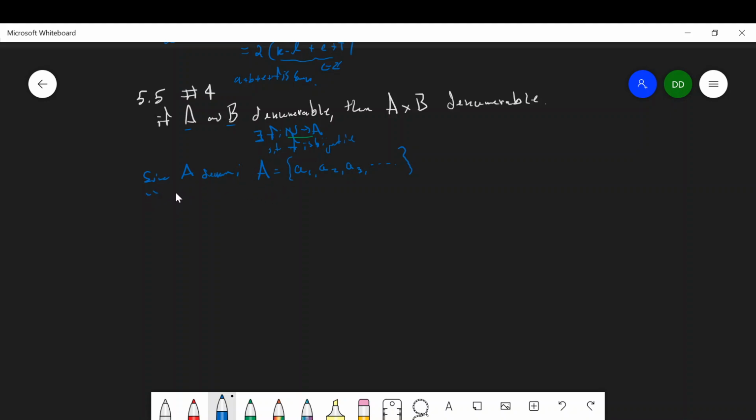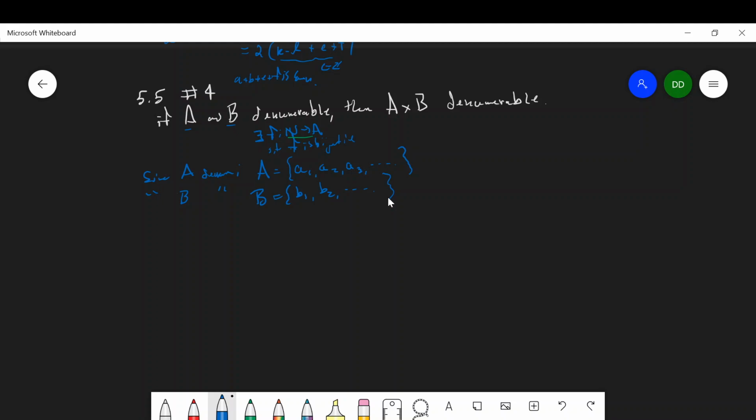Same thing for B: we can list out the elements of B, B1, B2, up through B sub n and continuing on. The thing I will point out here is that this is a very similar setup to section 5.5, theorem 5.84, that if A and B are disjoint denumerable sets, then A union B is denumerable.